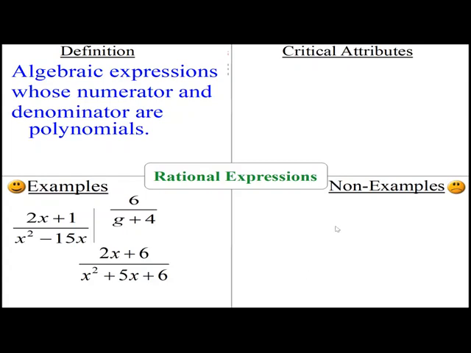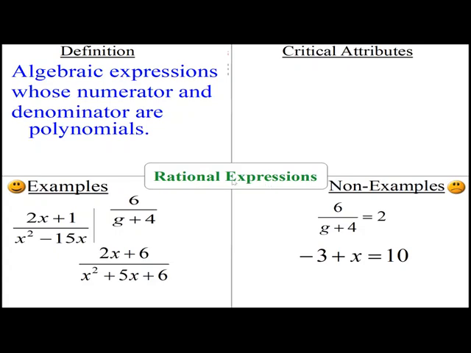All right, non-examples. 6 over g plus 4 equals to 2, and negative 3 plus x equals to 10. So the first thing that we made an observation is that all of these examples are fractions, otherwise known as rational expressions.